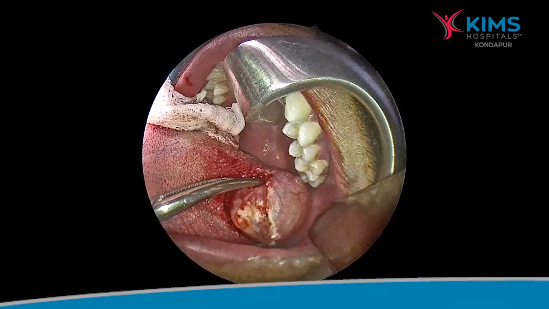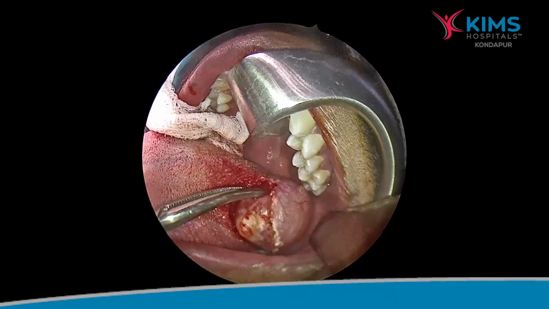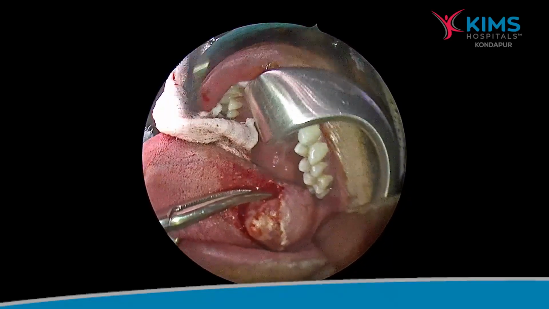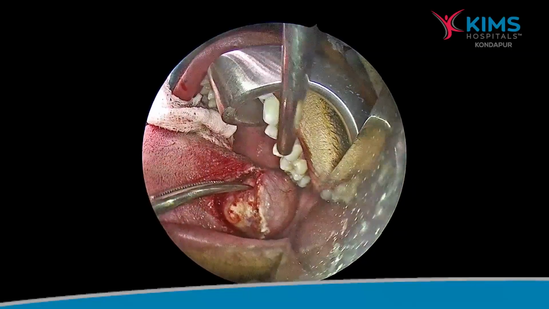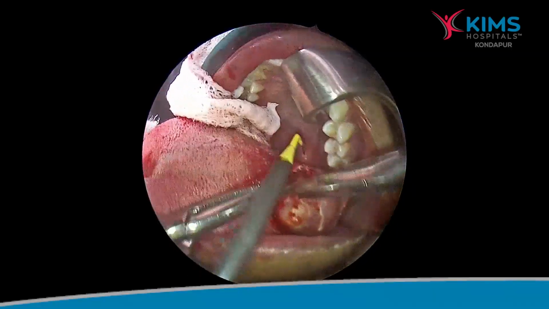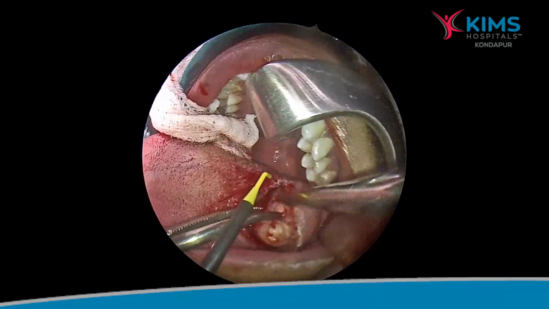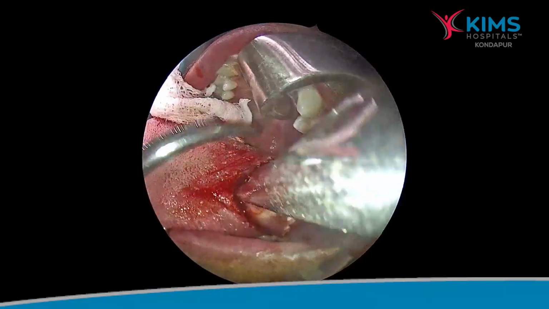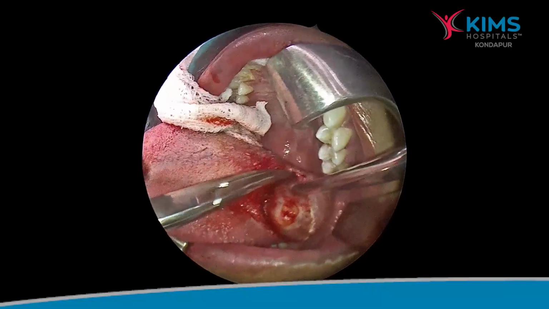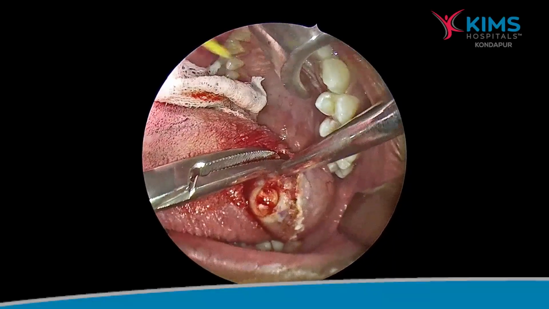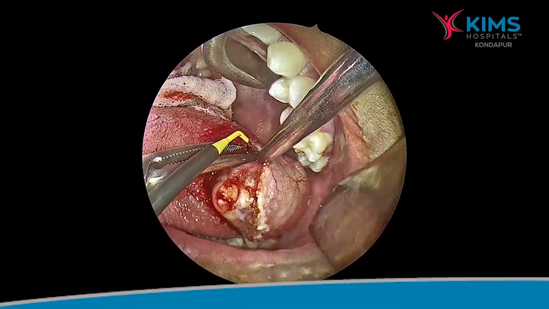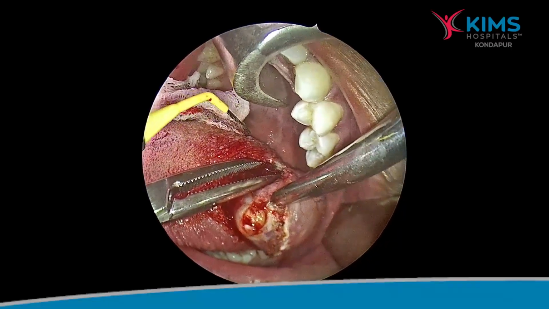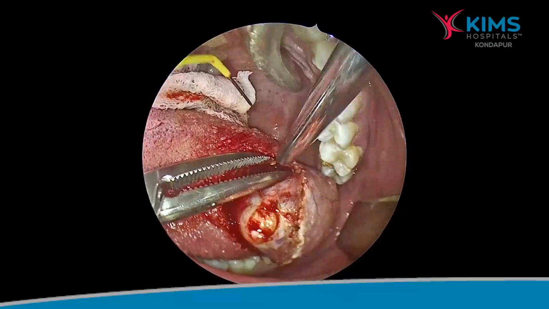Further plane has been secured by using an artery forceps. That is the plane between the tumor and the superficial part, and the incision is being given.